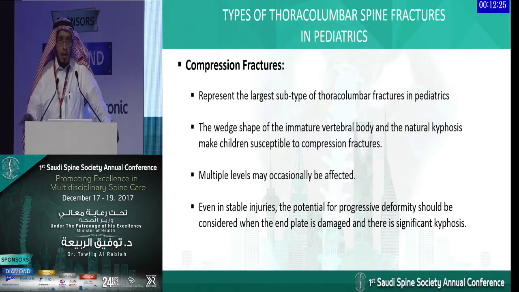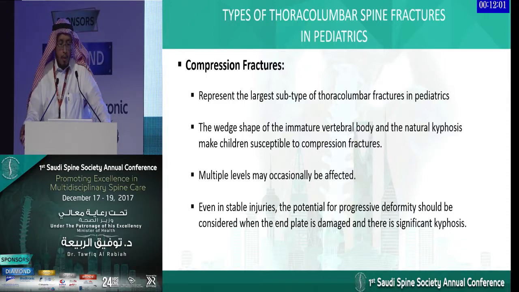I'll concentrate on the thoracolumbar fractures and some guidelines in the treatment. Compression fractures represent the largest subtype of thoracolumbar fracture in pediatrics. The wedge shape of the immature vertebral body and the natural kyphosis they have increase the risk of compression fracture in these kids.